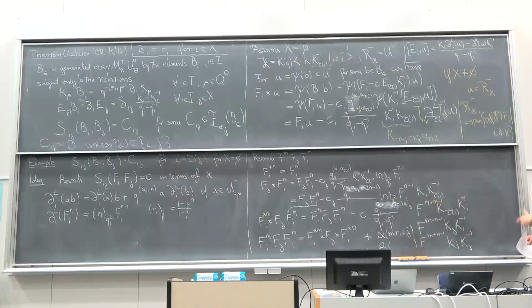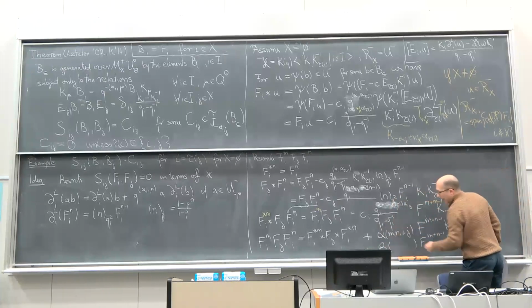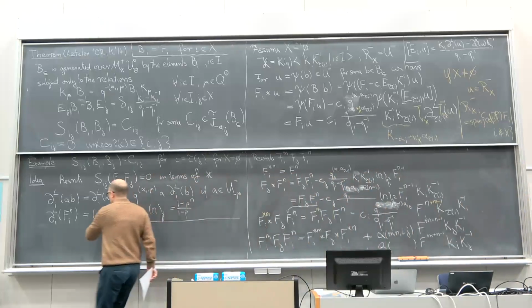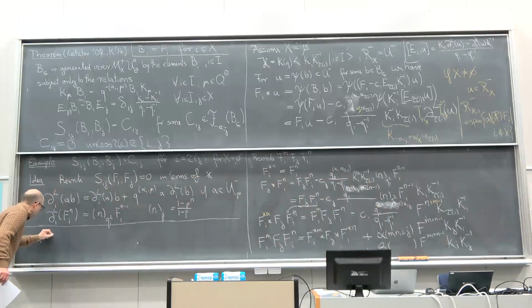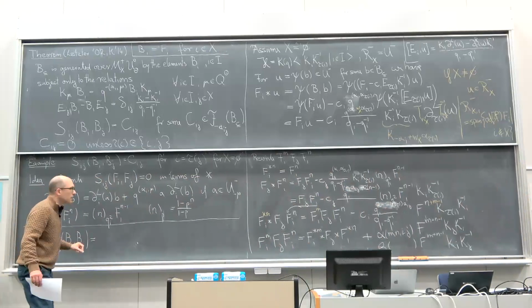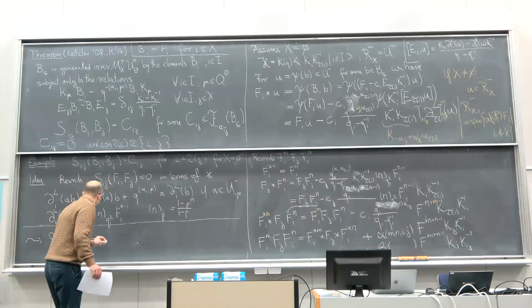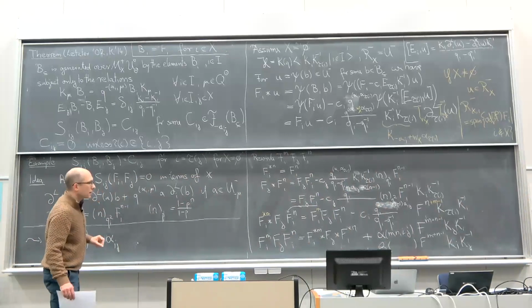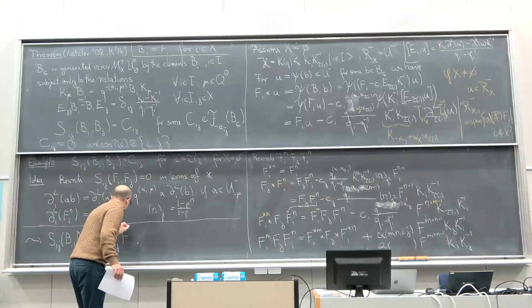Yeah, and so now we sum up the left-hand side, and well, then the right-hand side will also be 0. And if I keep track of my coefficients, then I get an explicit formula. So we obtain that Sij of Bi Bj is equal to, okay, I have thrown out my coefficients, but there is an alpha ij times f to the m.